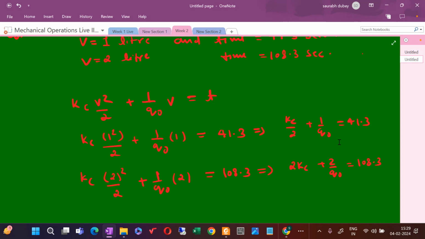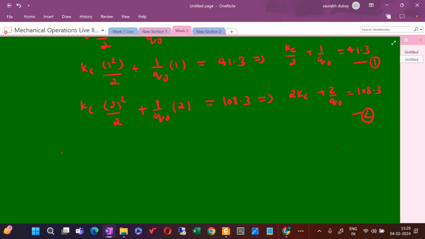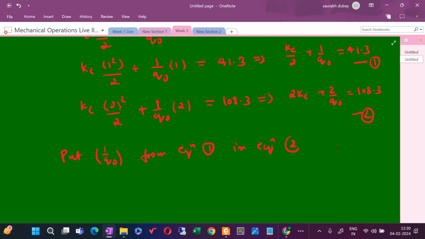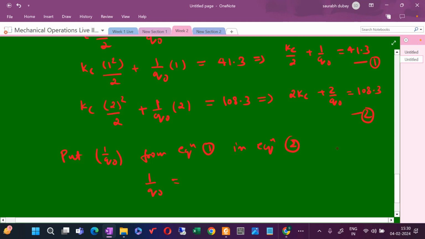So from here, this is equation 1, this is 2. Put 1 by q0 from equation 1 in equation 2. From equation 1, 1 by q0 value will be 41.3 minus Kc by 2.